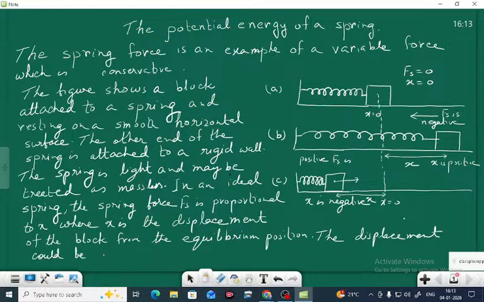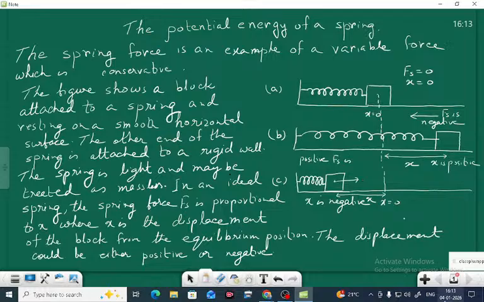In this case you see that in case B it is positive displacement and in case C it is negative displacement.